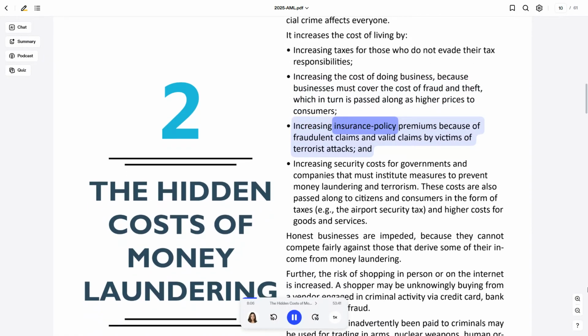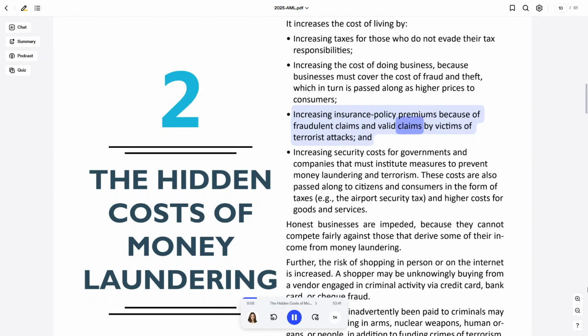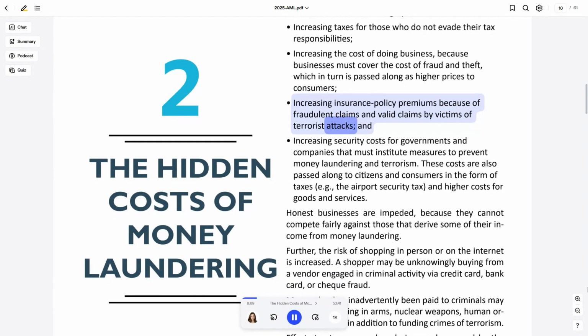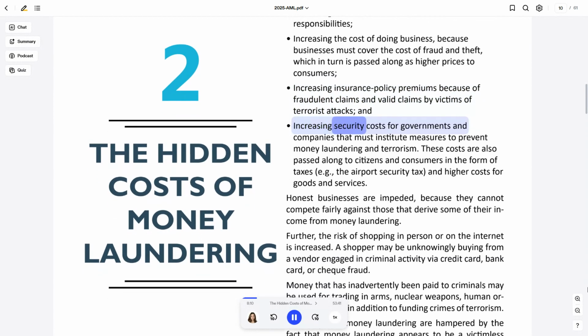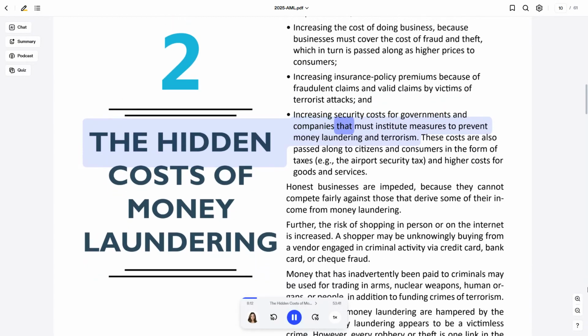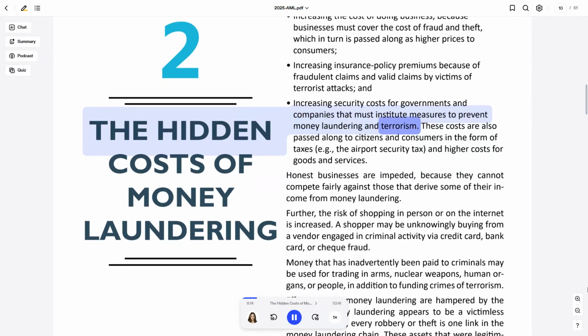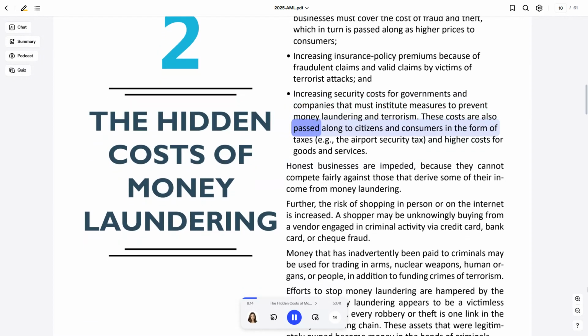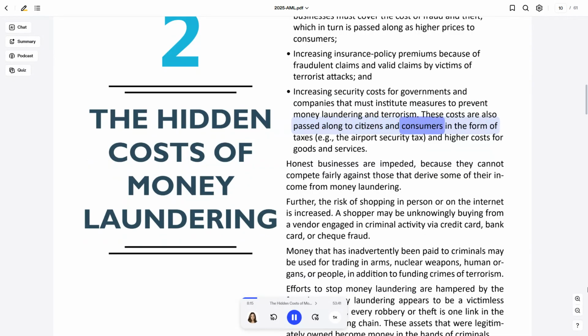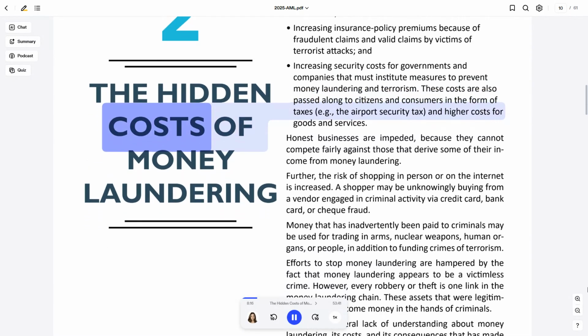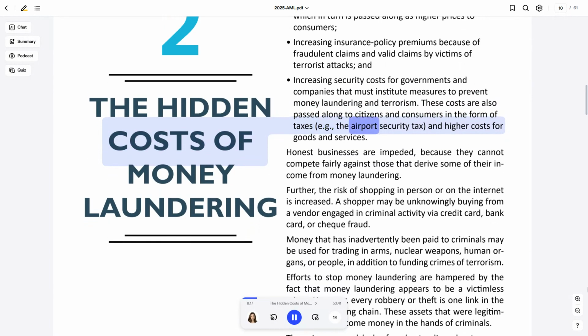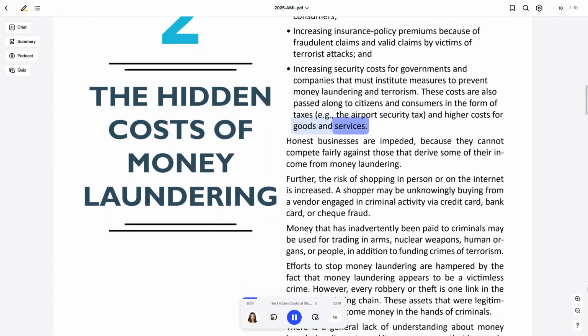Third, it increases insurance policy premiums because of fraudulent claims and valid claims by victims of terrorist attacks. Fourth, it increases security costs for governments and companies that must institute measures to prevent money laundering and terrorism. These costs are also passed along to citizens and consumers in the form of taxes, for example, the airport security tax, and higher costs for goods and services.